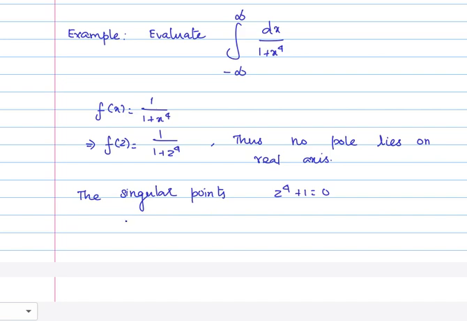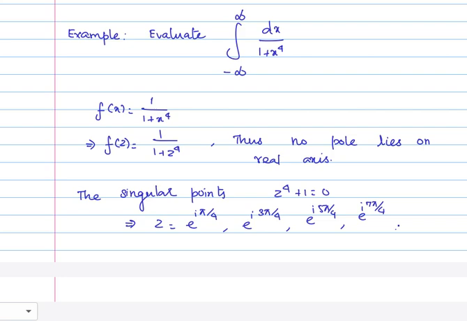This implies z is equal to exponential of i pi divided by 4, exponential of i 3 pi divided by 4, exponential of i 5 pi divided by 4 and exponential of i 7 pi divided by 4. You already know how to find this from your 12th standard class, so it's the same idea I am applying.